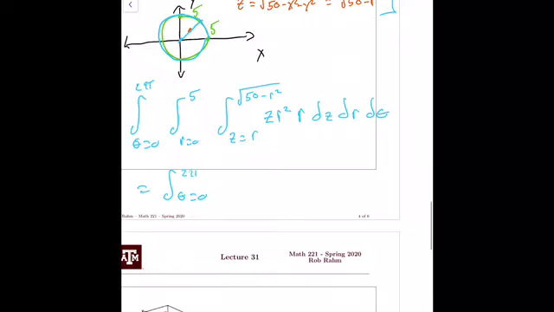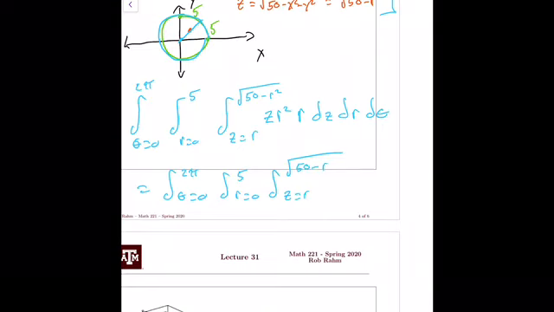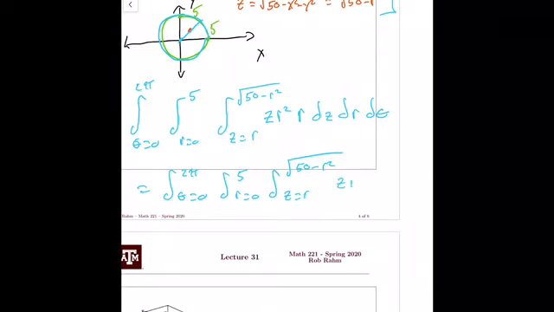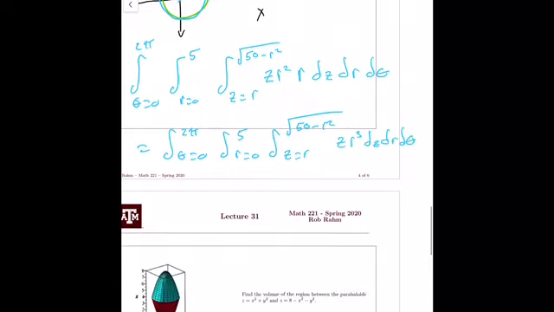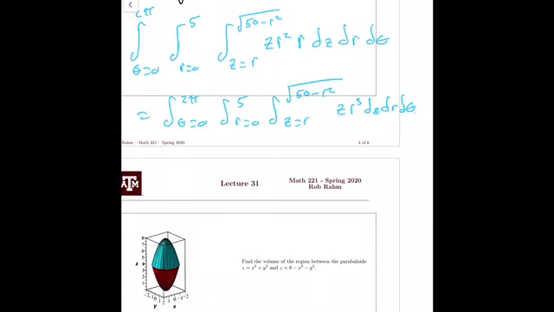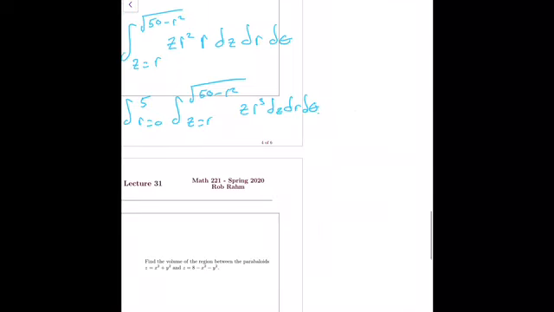Then we can write this as theta equals 0 to 2 pi, r equals 0 to 5, then the integral z is equal to r to the square root of 50 minus r squared, z r cubed dz dr d theta. And now this is an integral that we can do.